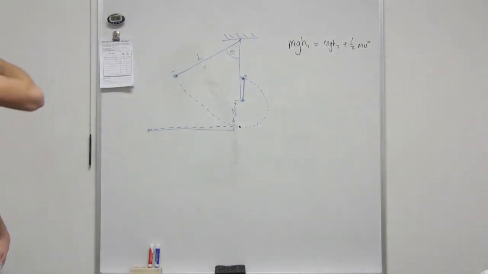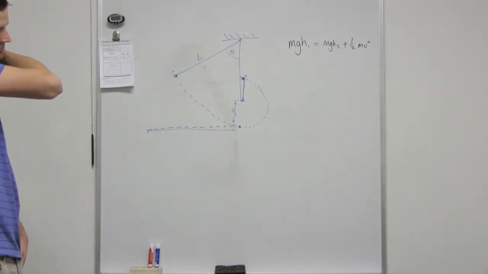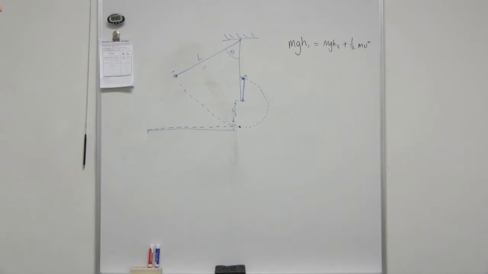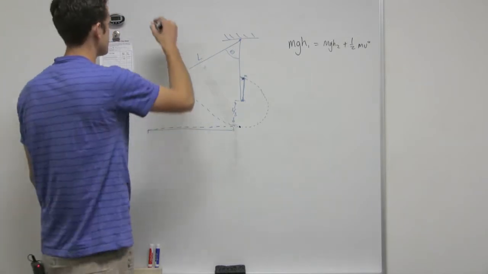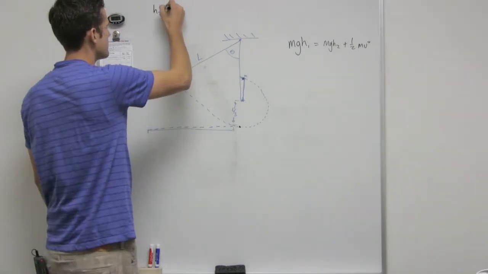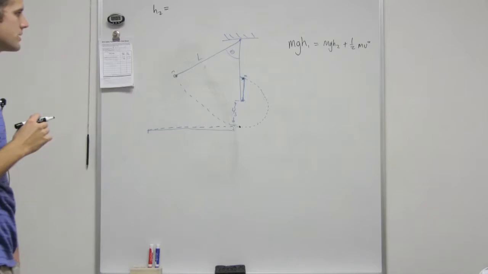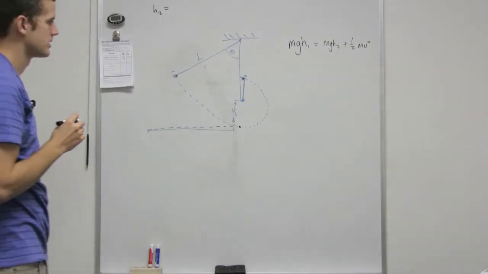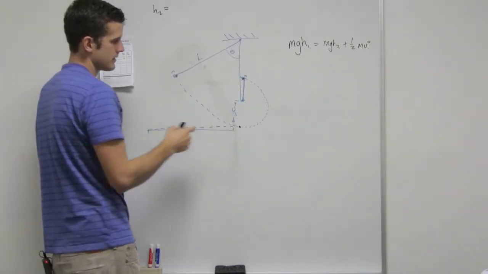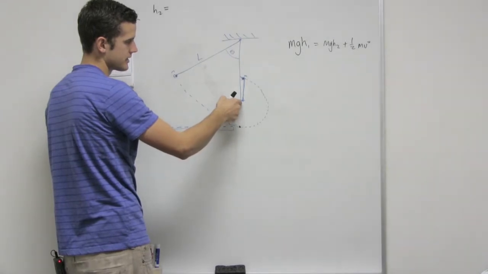So now how do you use that to find theta? We have height 2. Let's list a couple of these things. What's height 2? Height 2 is L divided by 3, so that's the height to the peg.